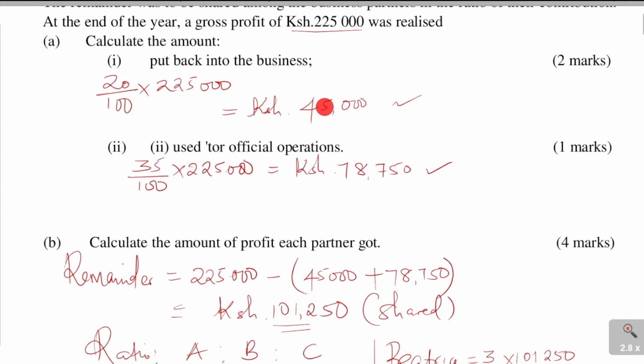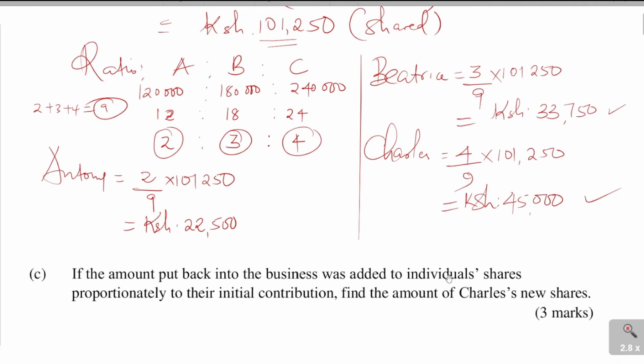So if this amount, according to the question, was added to individuals' shares proportionately, that amount was added to each of the 3 members according to the ratio of their contribution. That is what we mean by proportionately to their initial contribution. The ratio for Charles was 4 divided by 9.